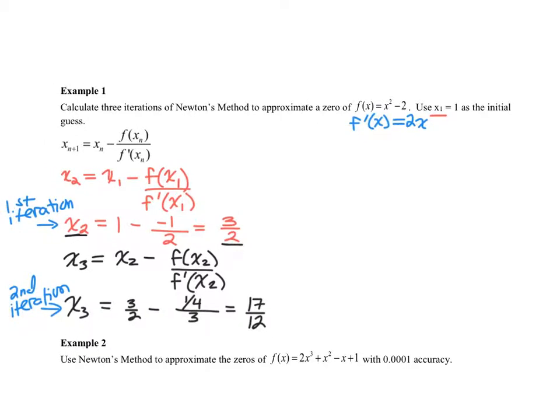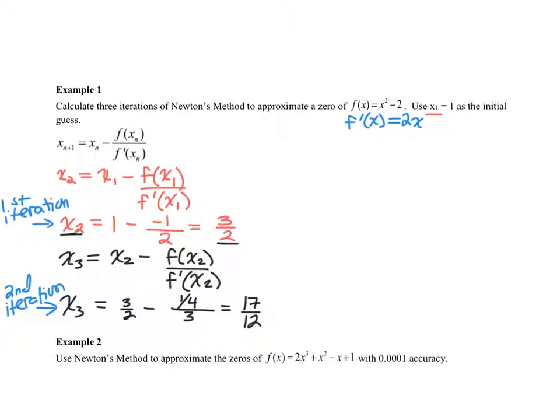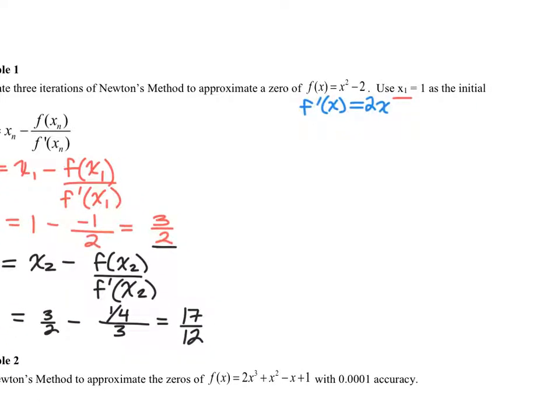We have to do 3 iterations, so we need 1 more. All right, so we're doing the same thing, but we're plugging in 17/12 now, which is just glorious. So we have x sub 3, so now we'll get x sub 4 is equal to 17 twelfths minus, well, 17 sixths on the bottom, I'm just doubling it.